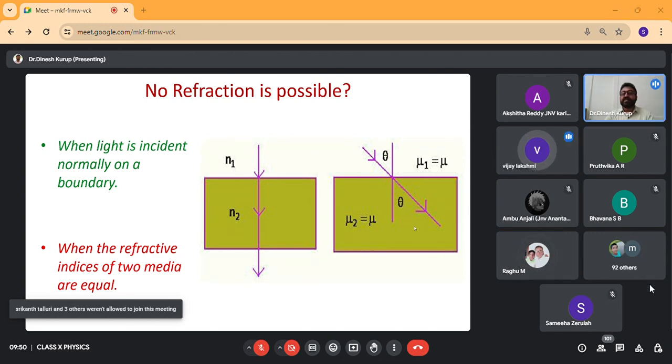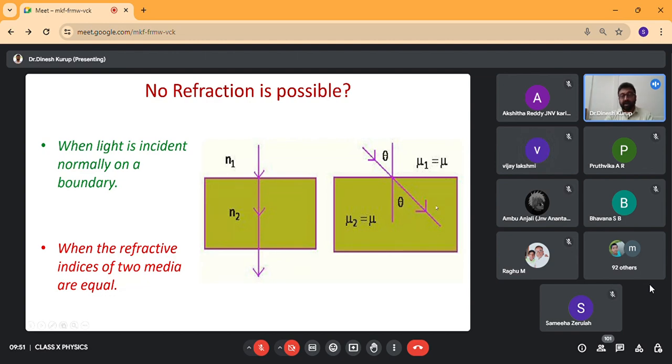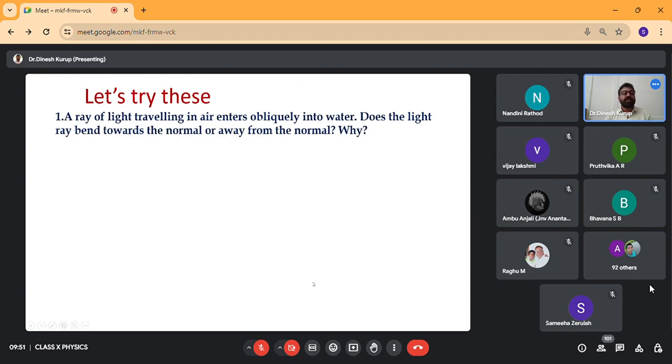Sir, the optical density or the refractive index of both the media are equal. So that's why there is no bending. So refraction will take place only under these two conditions. The light ray should travel from one medium to another medium with a difference in refractive index, and it should be incident obliquely at an interface.